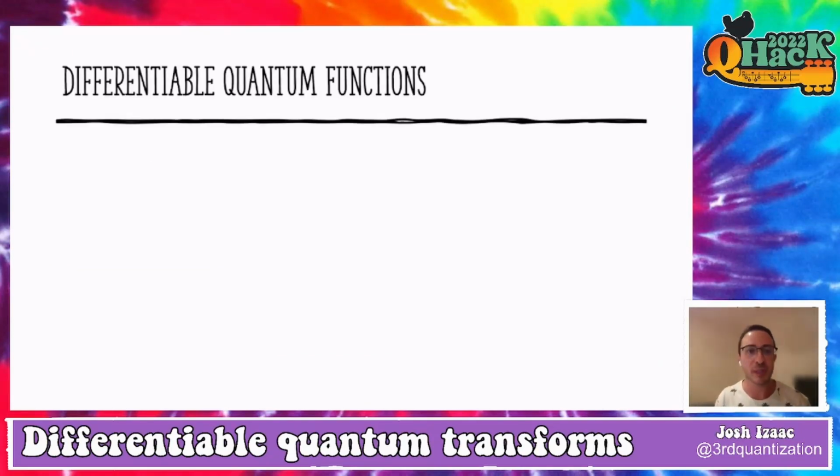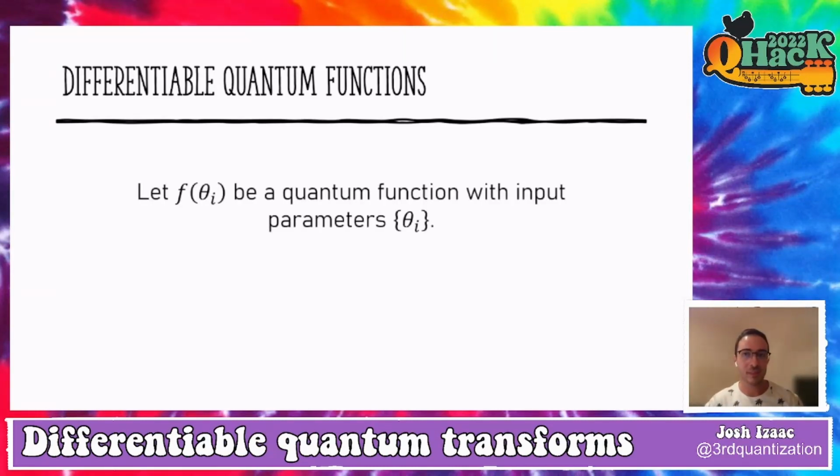Now that we know what a quantum function is, we can take a step further and think about differentiable quantum functions. For a bit of formality, here's the definition we have for a differentiable quantum function. Say we have a quantum function f of theta, where f is the quantum function and theta_i are the input parameters that we're passing. In the previous example, those were the two floats, 0.4 and 0.5.